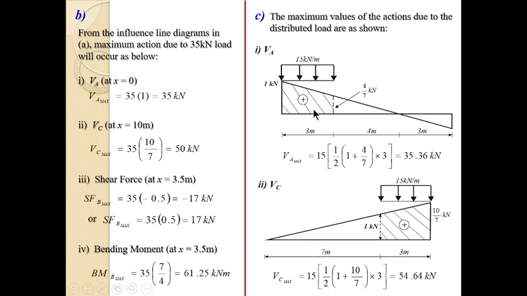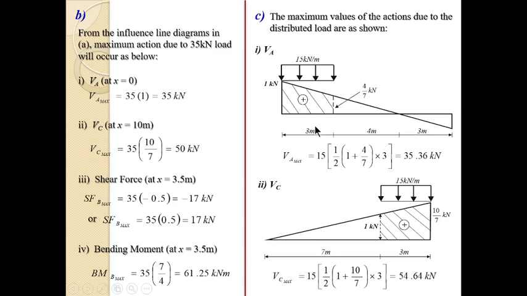The area of a trapezium is half the sum of the two parallel sides multiplied by this distance. So we now say half. The two parallel sides are 1 kilonewton and 4/7. So that's why we do 1 plus 4/7 in brackets, half of it, multiplied by this distance.